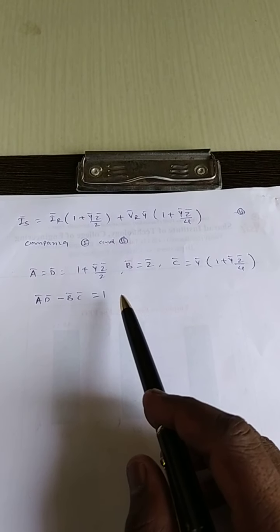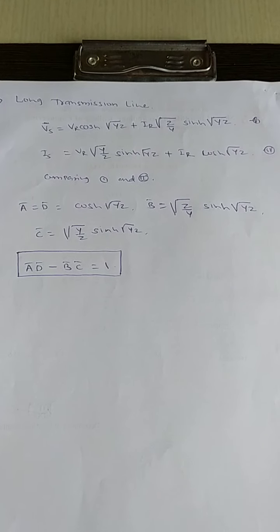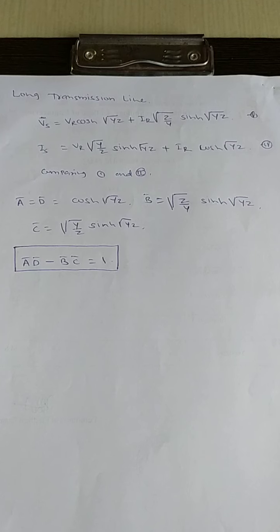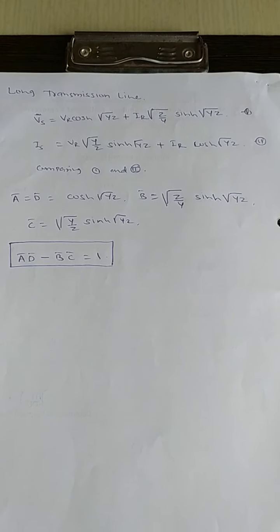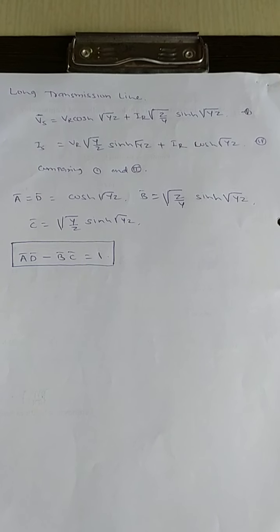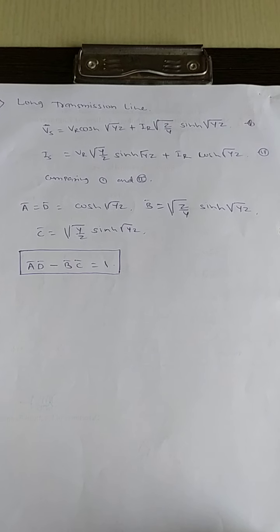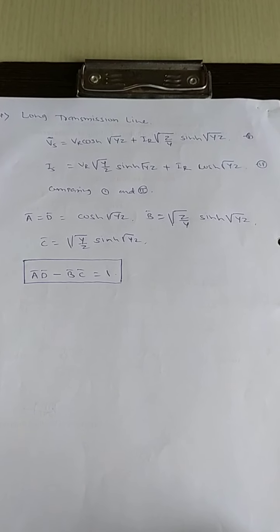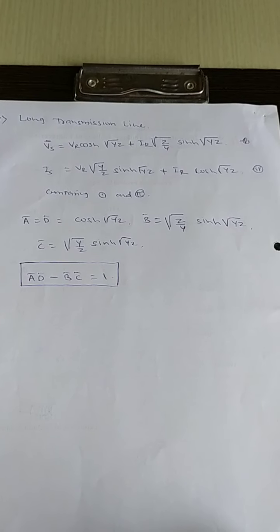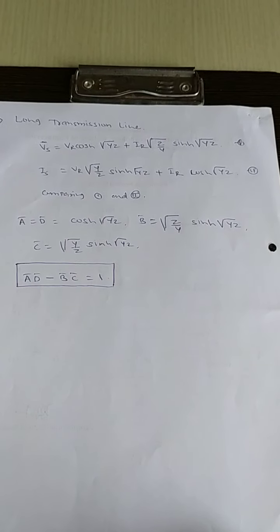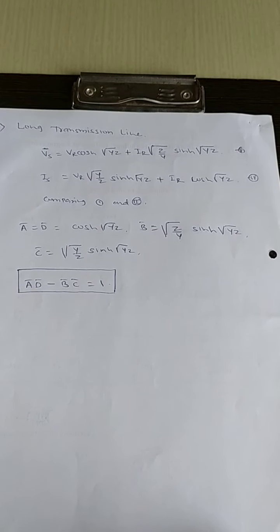Then we find the ABCD parameters of the long transmission line. The first equation shows the voltage equation, and the second equation shows the sending end current equation. By comparing these two equations with the standard, we obtain A is equal to D is equal to cosh of square root of YZ, B is equal to square root of Z by Y times sinh of square root of YZ, and C is equal to square root of YZ times sinh of square root of YZ.